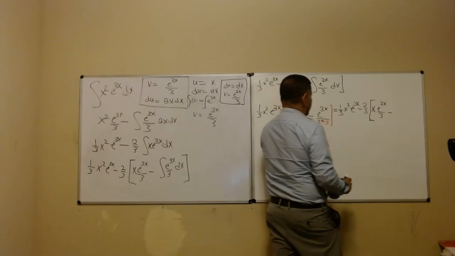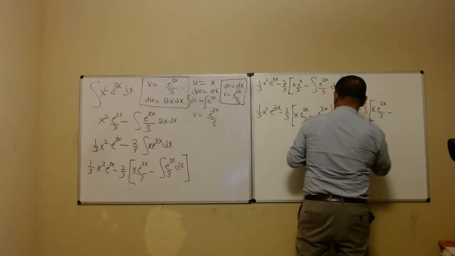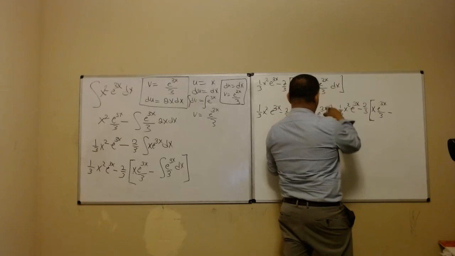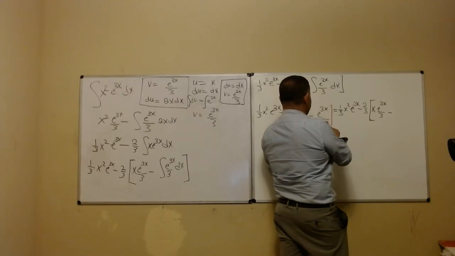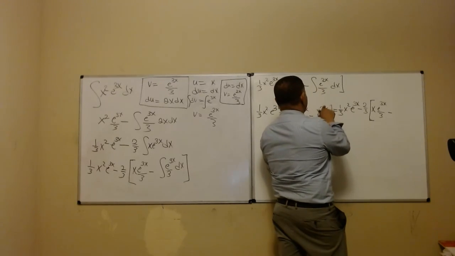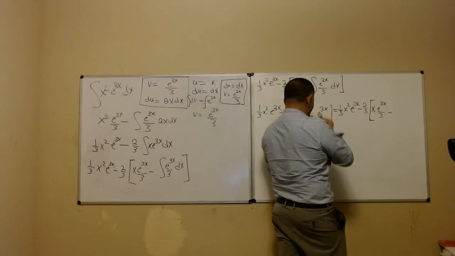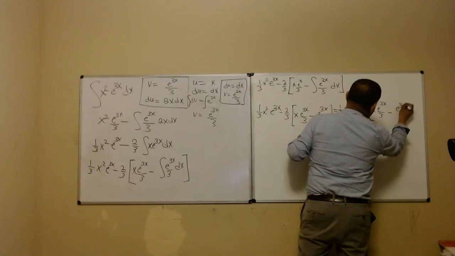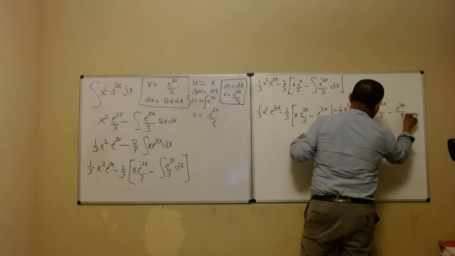Minus 9, right? When I multiply 3 times 3 is 9, right? So e to the 3x over 9.